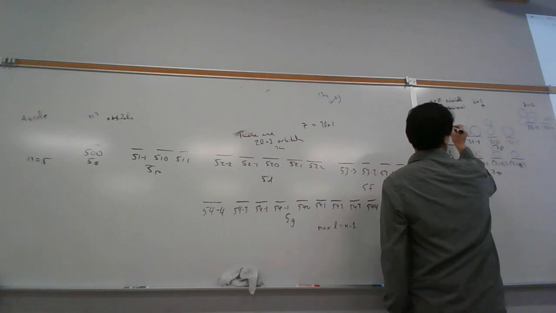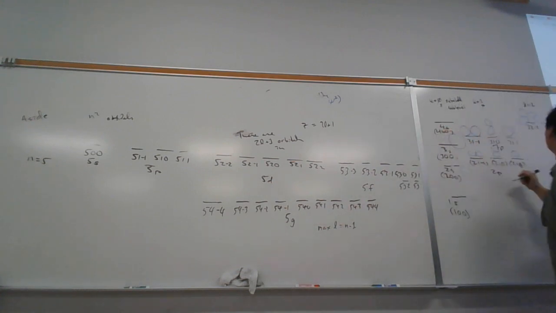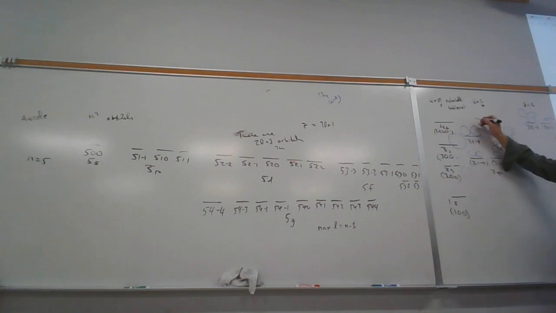And so it goes 4s, which would be 4, 0, 0. And then it goes to 3d, and then it goes to 4p. 4, 1, negative 1, 4, 1, 0, 4, 1, 1. That's our 4p. And then after 4p, it should go to 4d.